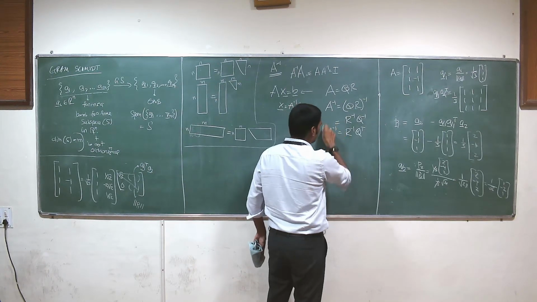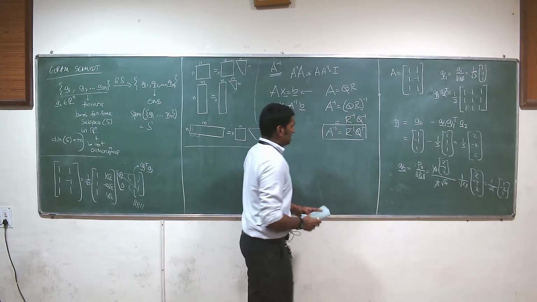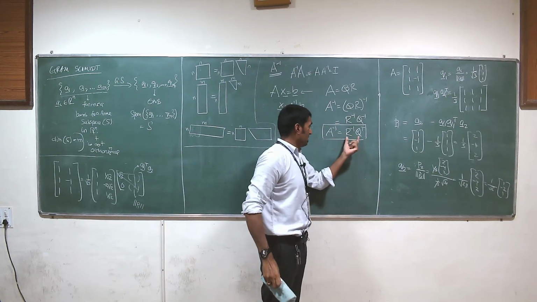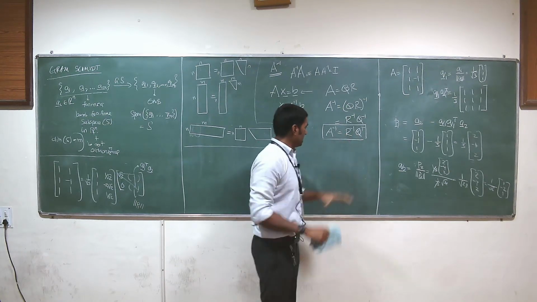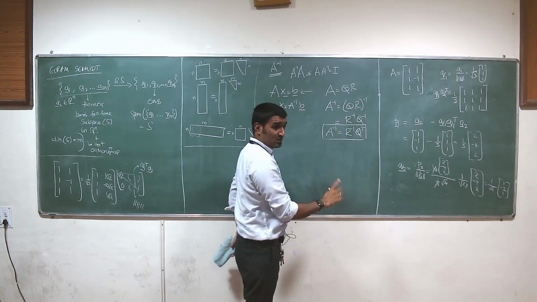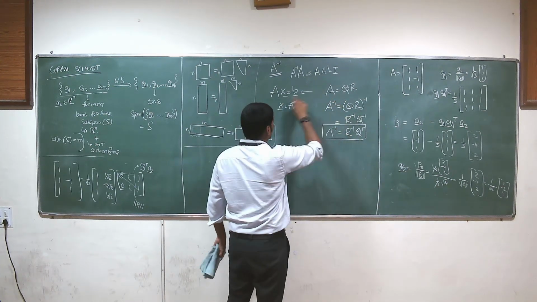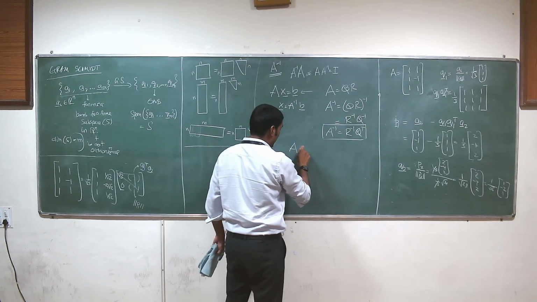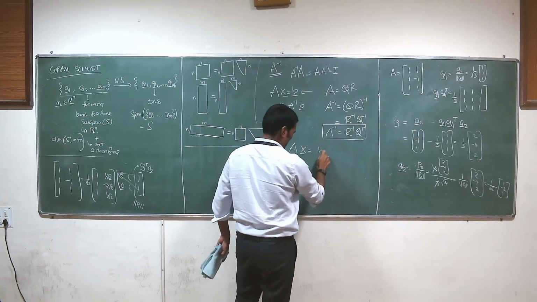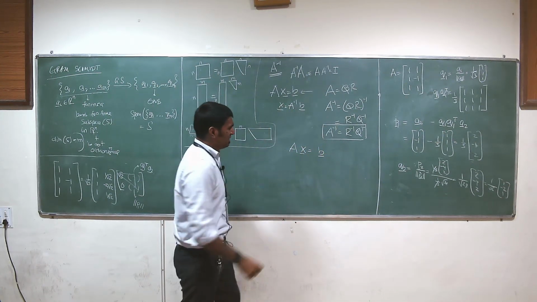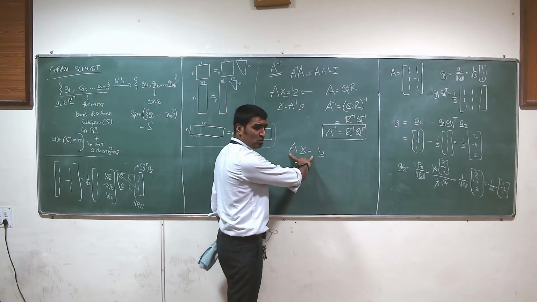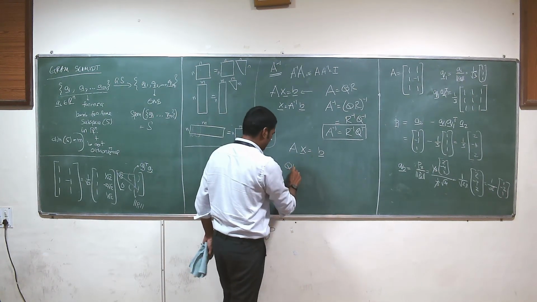So if you have the QR decomposition, you can compute the inverse of A like this. But you will never compute the inverse of A. The way you solve this problem, if you have the QR decomposition, is you take A x equals b and multiply both sides by Q transpose, where A is QR.